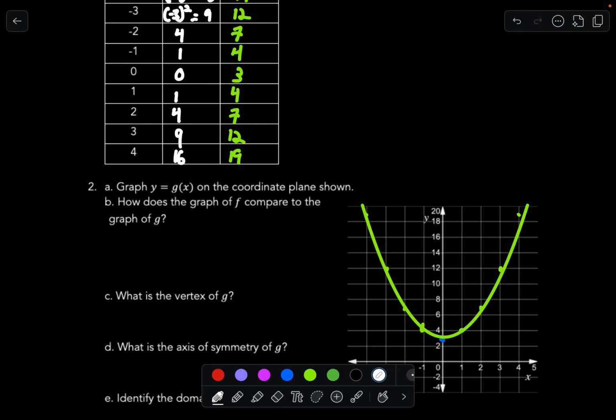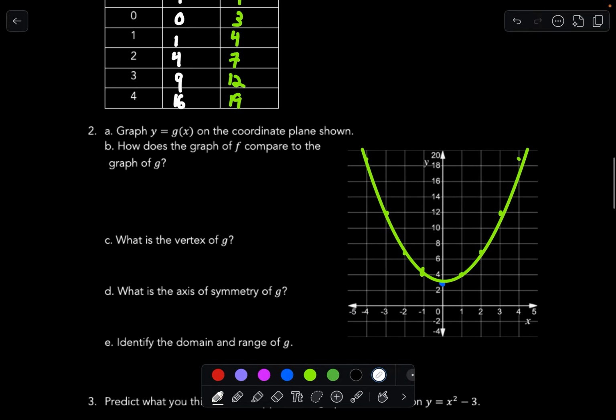Graphing just x squared, just so we can see the difference, we start at 0, 0, then 1, 1, 2, 4, 3, 9, 4, 16. Unfortunately, I'm a little bit off on the right there.